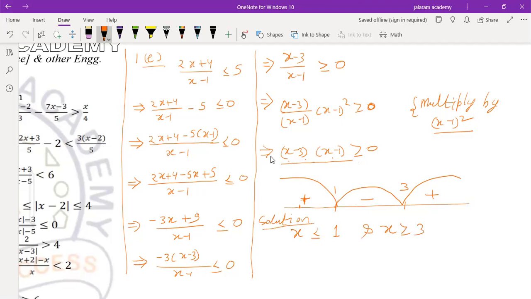This time equality must also be included as it is in the question also. Is that clear to everyone? Any doubt? So this is the answer of this question.